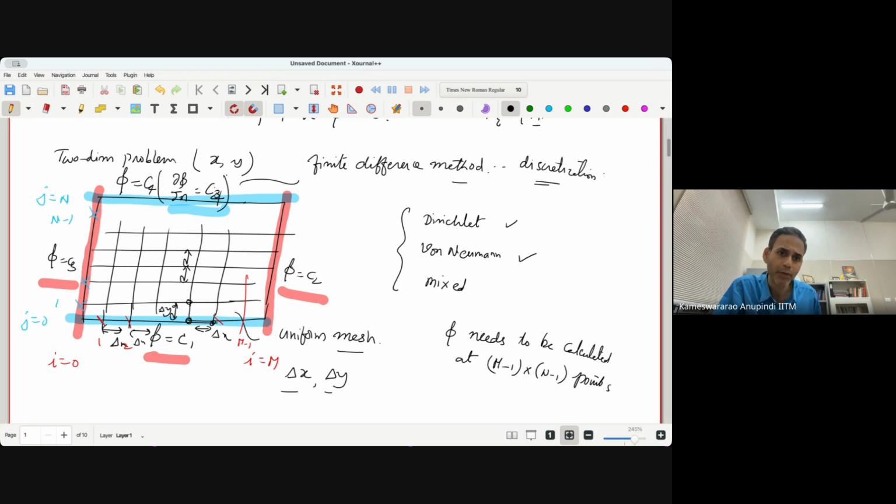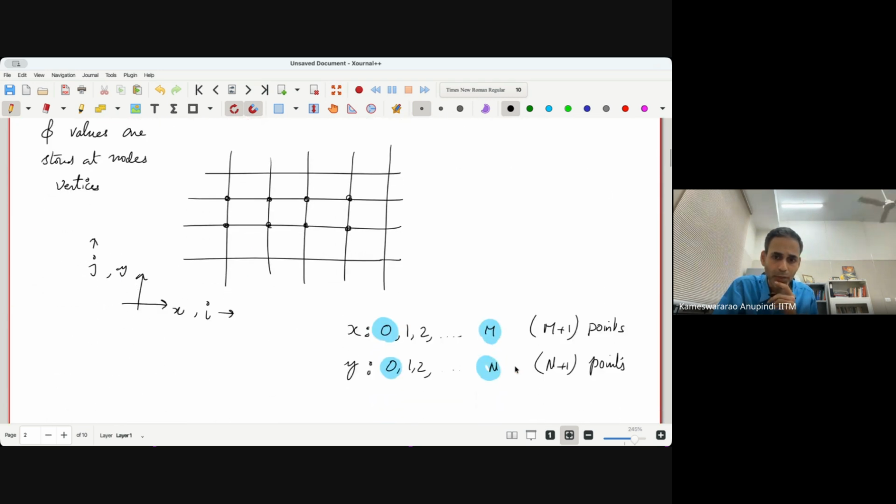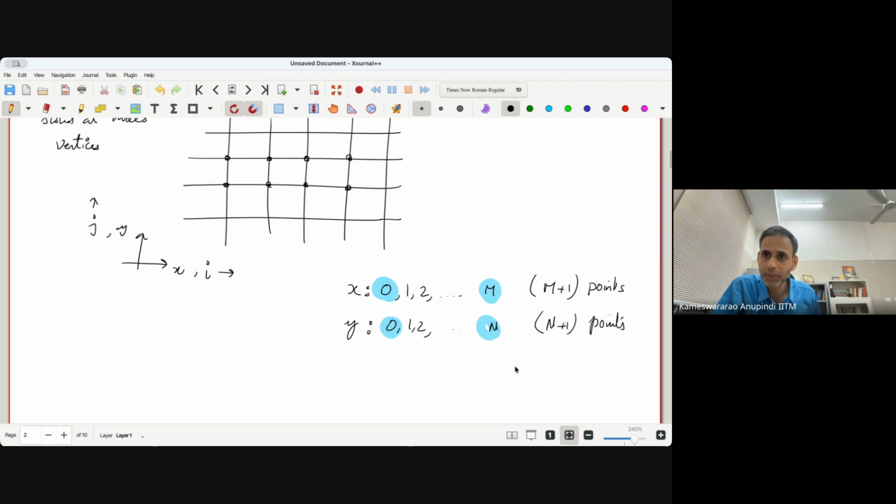We will not worry about how to include this Neumann condition here. So if all Dirichlet boundary conditions are given, then phi values are unknown at m minus 1 times n minus 1 points. So that many unknowns is what I have. Everything in between here, 1 to m minus 1, 1 to n minus 1, is my unknowns.